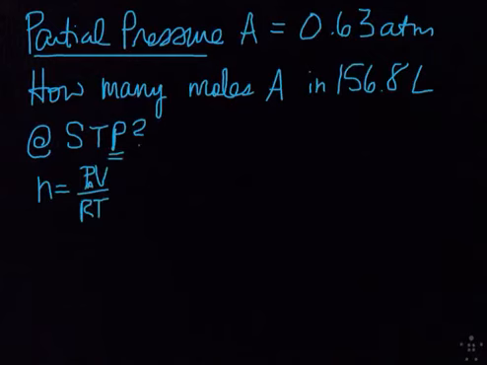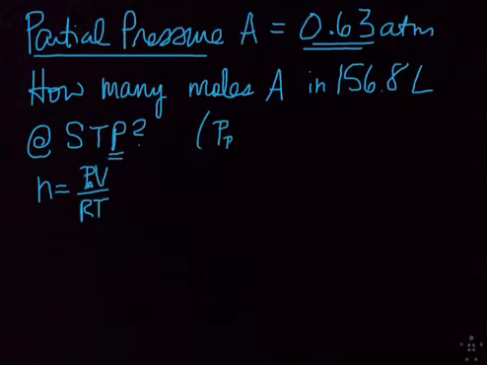We already know what the pressure is. Since it's STP, we would know that whatever else is in there would have to be at 1 minus 0.63, which comes out to 0.37 atmospheres of our other substance. So that means if it's just A and B, now PB is 0.37 atmospheres in this mixture.